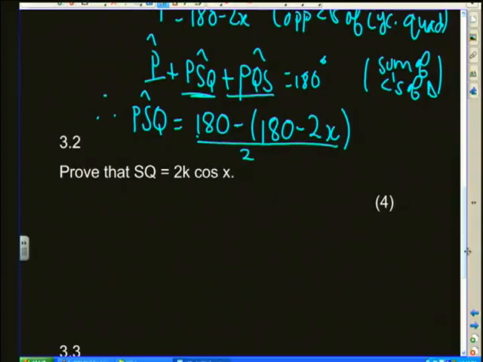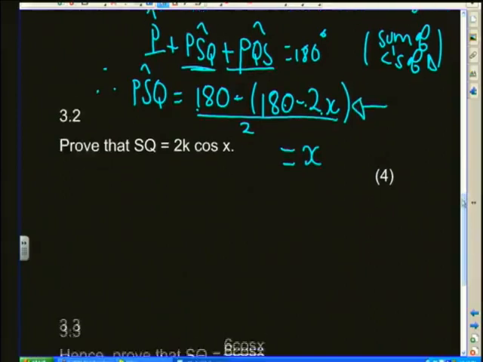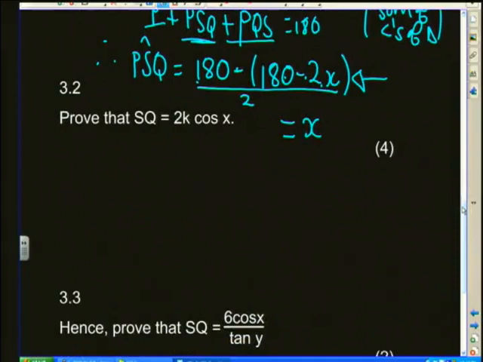All right, so my answer here is going to be 180 minus 180. They cancel out. Minus times a minus, positive 2x divided by 2 is just going to give me x. I went through this really quickly, guys, because that is algebra, and I want to try and finish this off so that we can get into the meaty part of it.